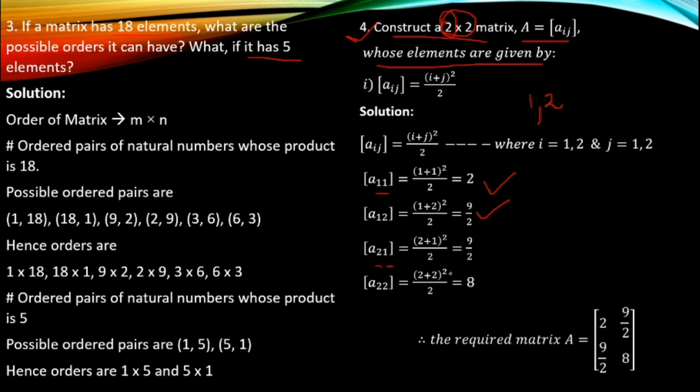When we solve this, here we get 9 by 2. a22, i is 2, j is 2. So when we add, 4 square is 16, 16 by 2 is 8. And at the end, obviously you have to form the matrix. So this is a11, a12, a21 and a22. So here we complete the formation of matrix A.